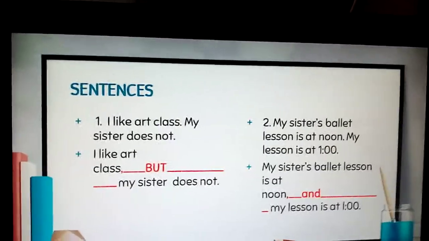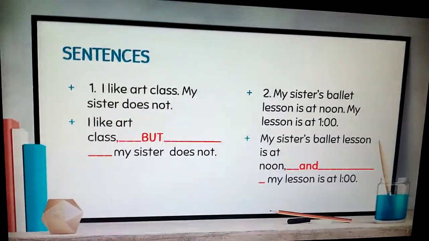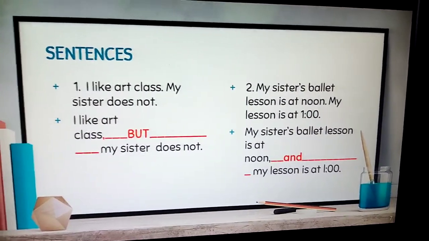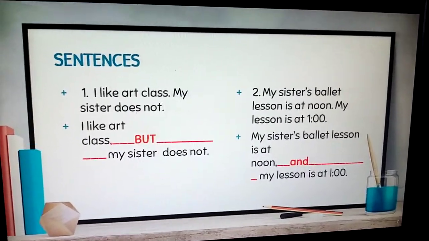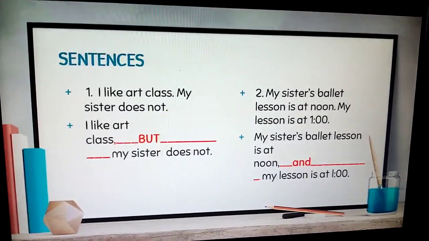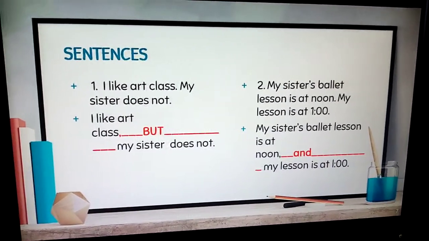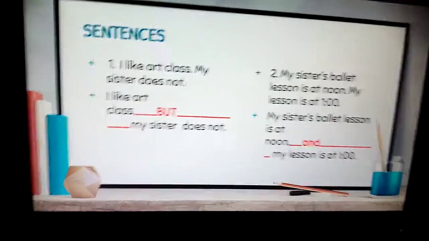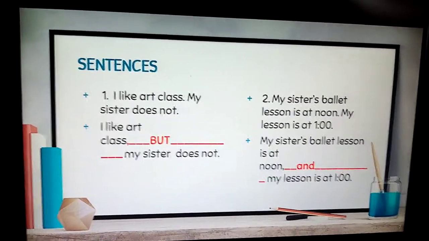Then we have our sentences, and we are going to use the words in the sentences. We're going to complete the sentences. There we have, I like art class. My sister does not. I like art class, but my sister does not. Sentence number 2.